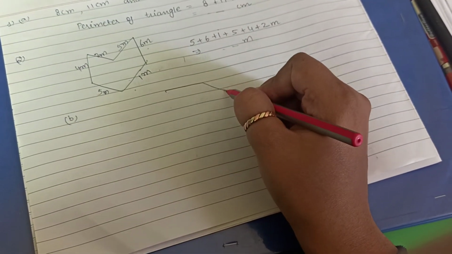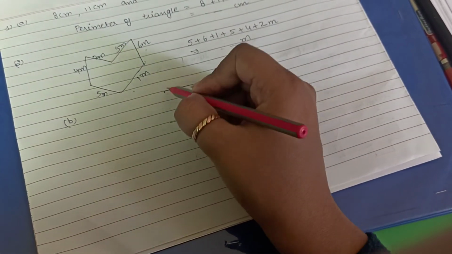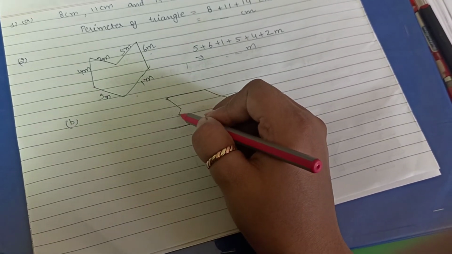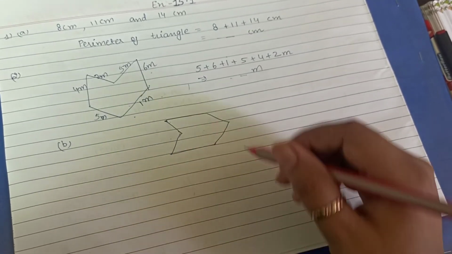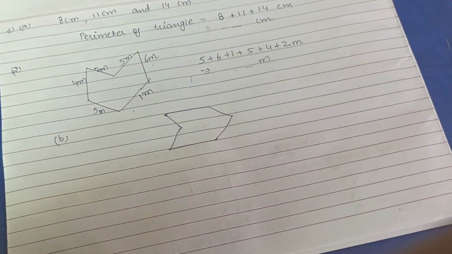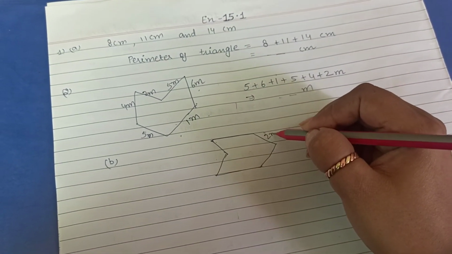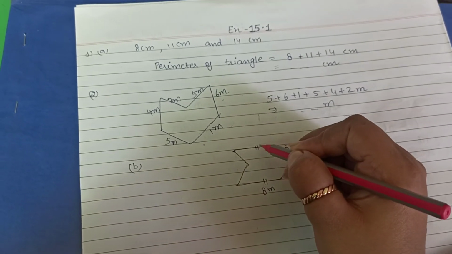In this shape it is given. Here is the only part where you may get confused, that is, here it is given 2 meter and this one 8 meter and this one 8 meter.